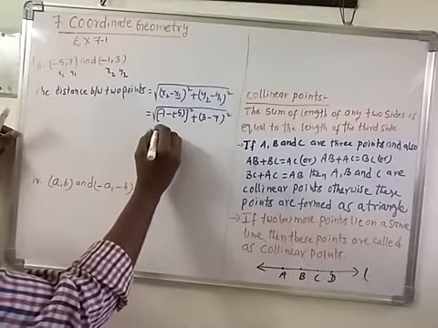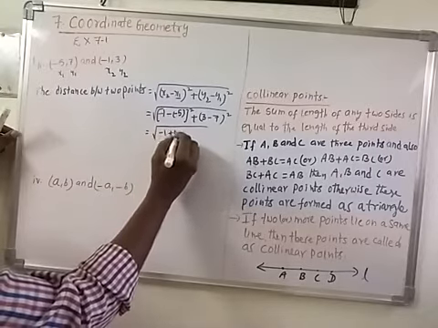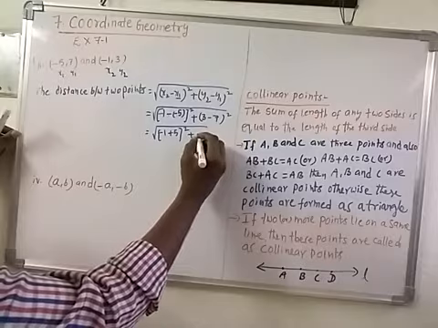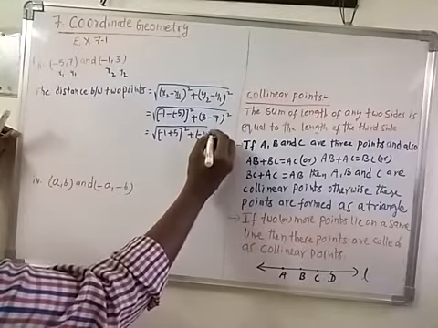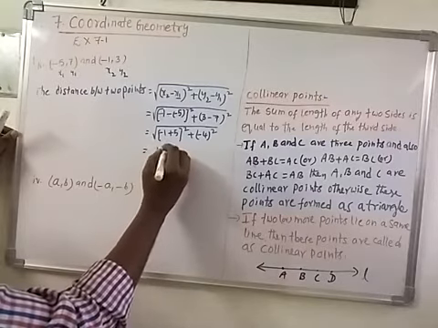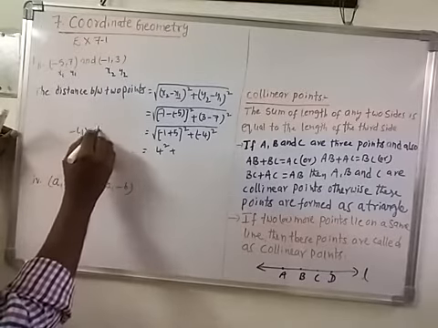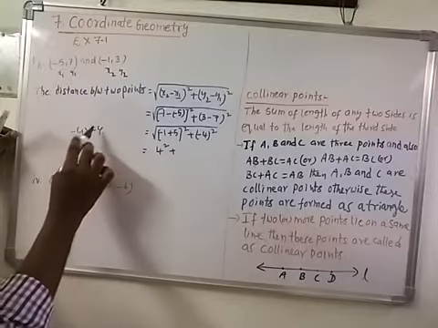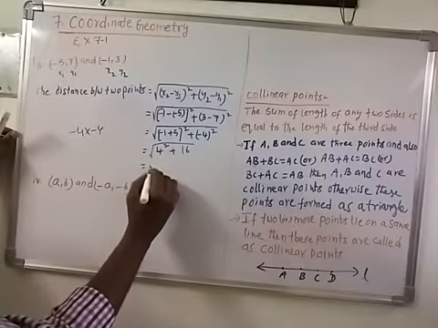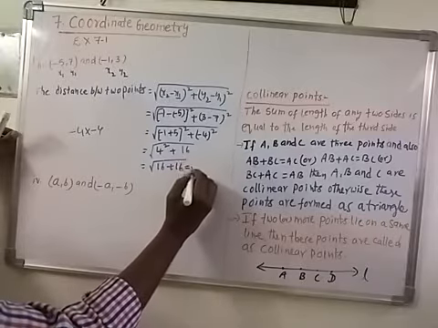That is equal to the square root of minus 1 plus 5, whole square, plus 3 minus 7, that is minus 4 whole square. That equals 4 square plus minus 4 whole square; minus 4 into minus 4, minus into minus is plus, 16. That equals the square root of 4 square is 16, plus 16, that equals the square root of 32.